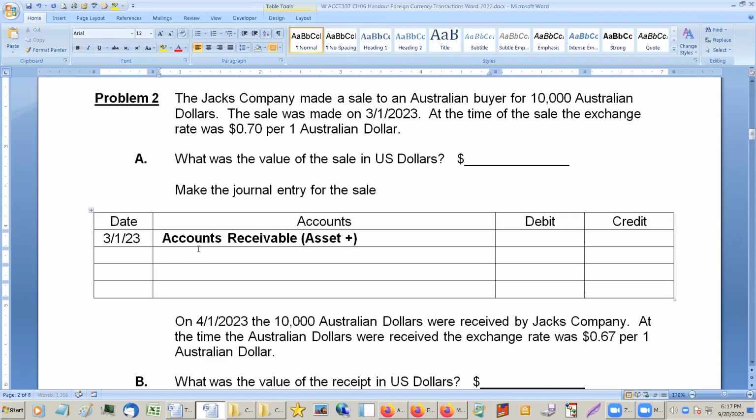And we're going to have a sale or revenue. I'll say revenue, just to cover all the bases, for some credit amount. Now the question is, though, what do we put in here? We can't put in 10,000 Australian dollars. Our books aren't in Australian dollars; they're in US dollars. So what is going to be the value of the sale in US dollars?